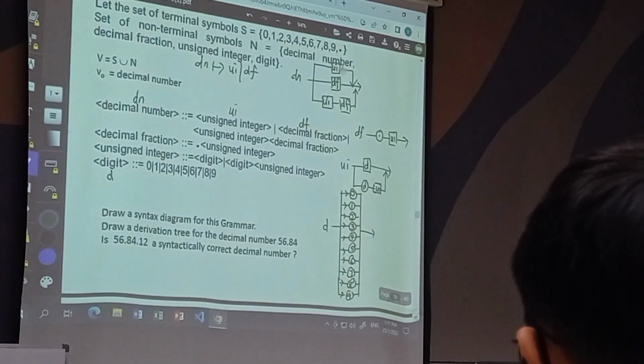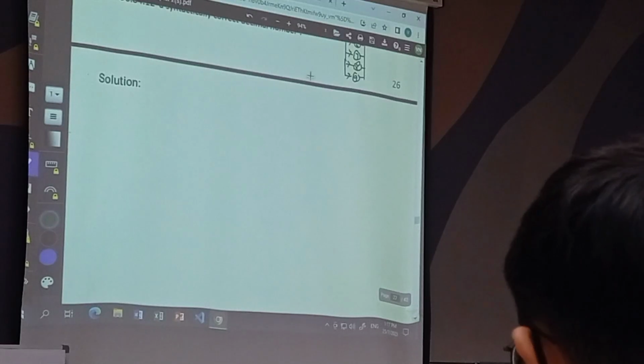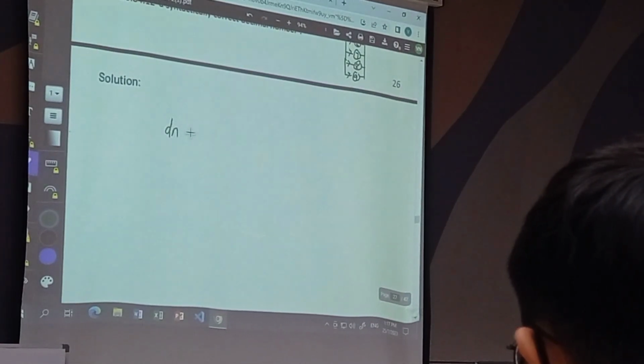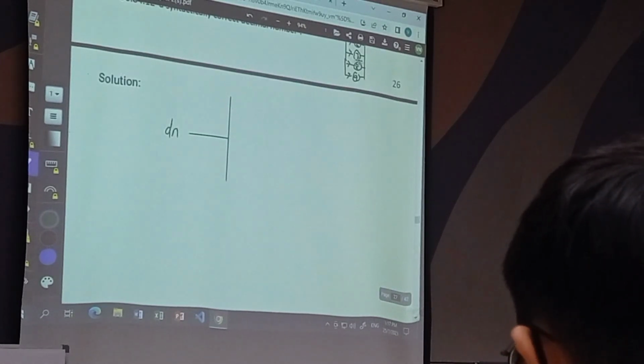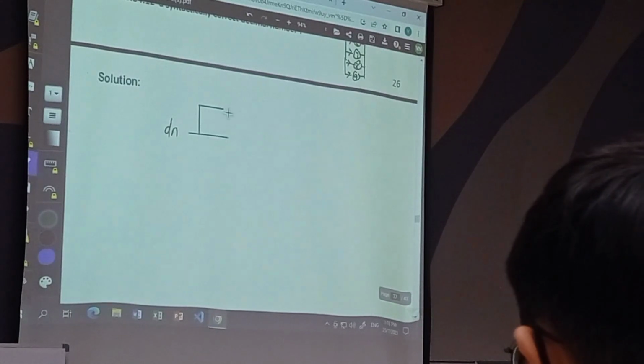Do you know what I mean? This one you need to replace the unsigned integer with digit or digit unsigned integer. So when I want to draw the master diagram, I need to draw like this. Decimal number, this one just now is unsigned integer, correct or not?